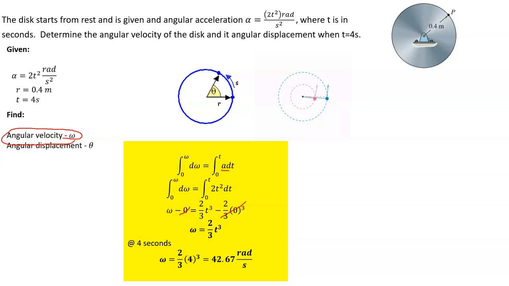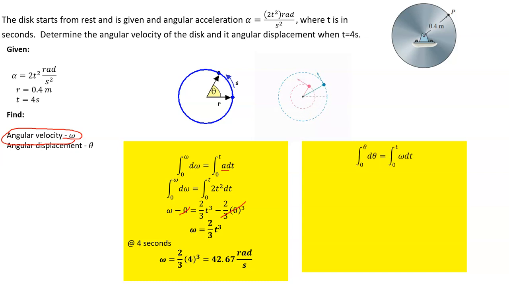But now let's figure out how much displacement it's going to take. And again, we have a function here of our angular velocity that we can plug in. Again, that's just a separable differential equation. That's the relationship between displacement and velocity, and displacement and acceleration like the last one.